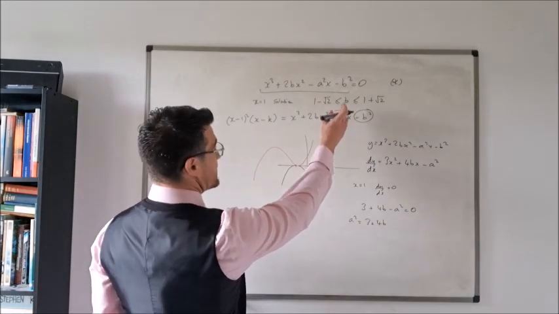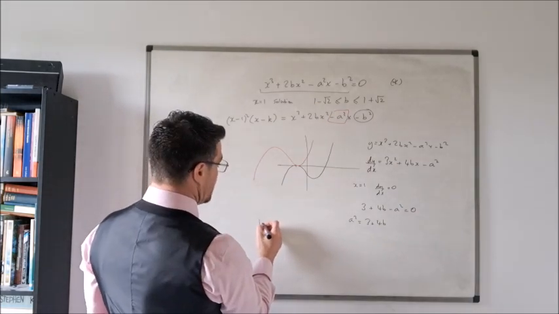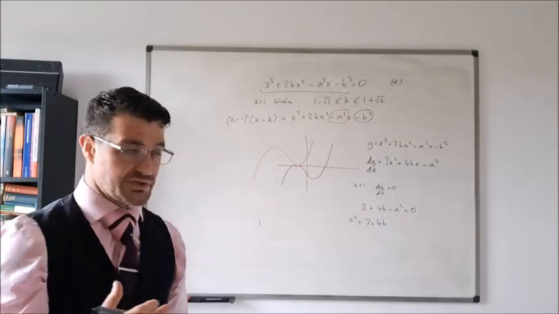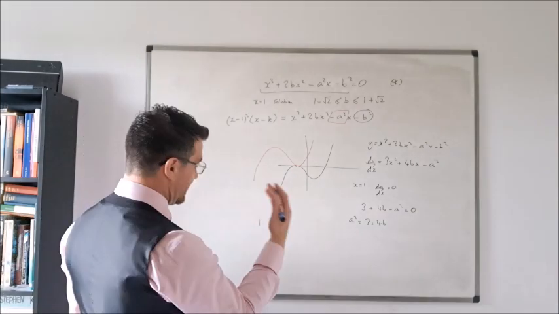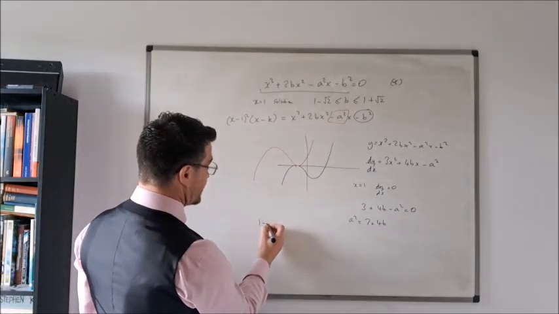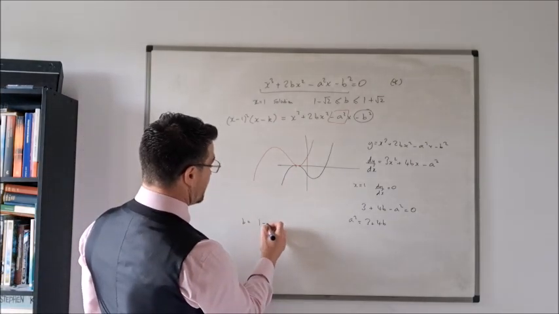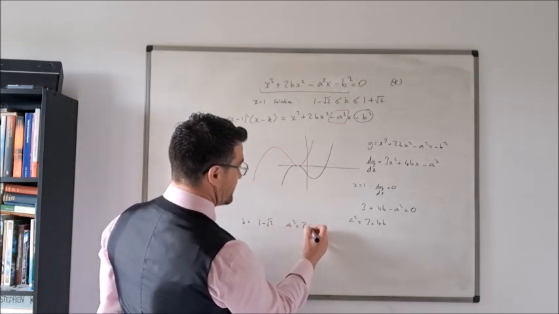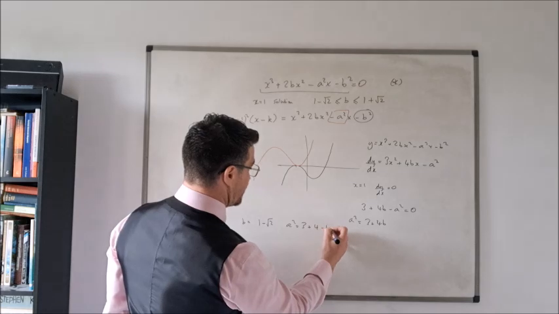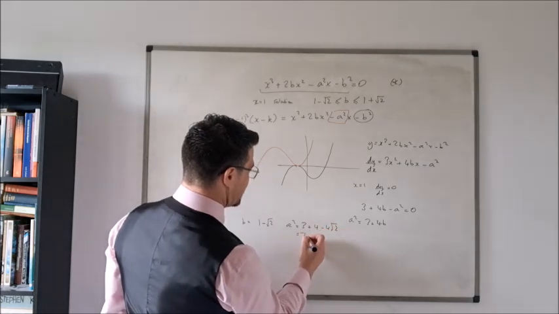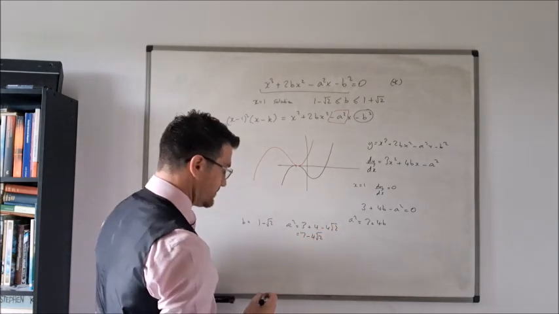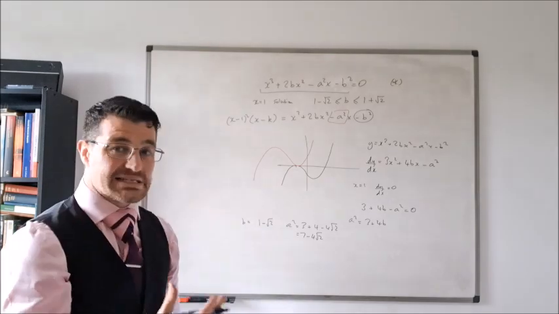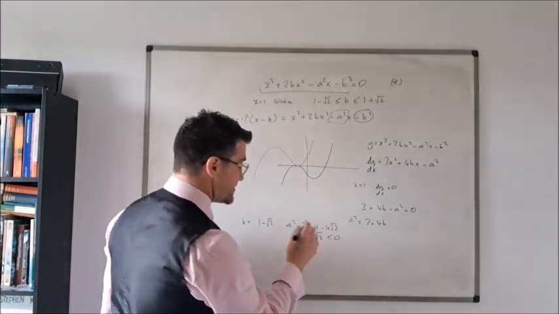So if we go to one extreme, I don't necessarily like this solution as much, by the way, but I'm just showing it because it is another idea. If b equals 1 minus root 2, then what do we get? We get a squared equals 3 plus 4 minus 4 root 2, which is 7 minus 4 root 2, which it can be easily shown is going to be less than 0, which is a contradiction.